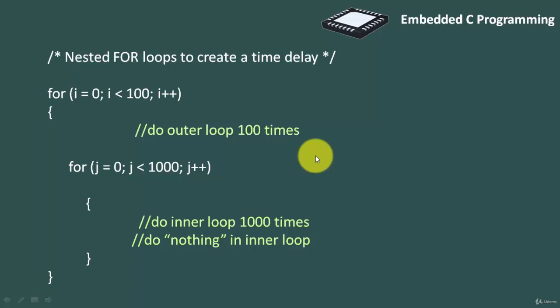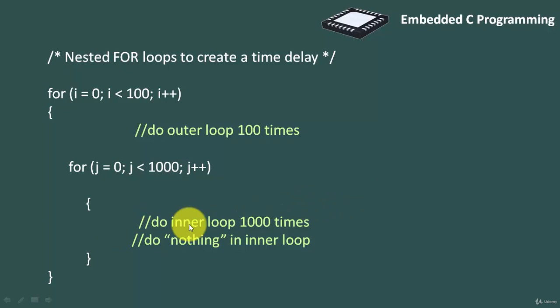Here is another example. We normally use the for loop statement in embedded C to generate time delay. For i equals 0, i is less than 100, i plus plus. This forms the outer loop. Then there is one more loop: for j equals 0, j is less than 1000, j plus plus. This forms the inner loop. We do not write anything in this loop. Hence, we created a delay.